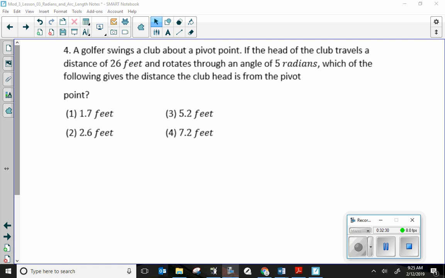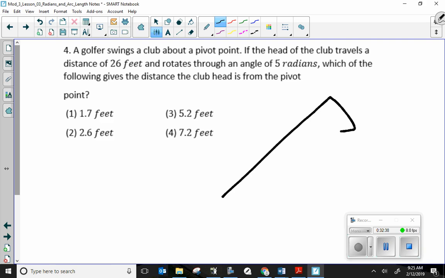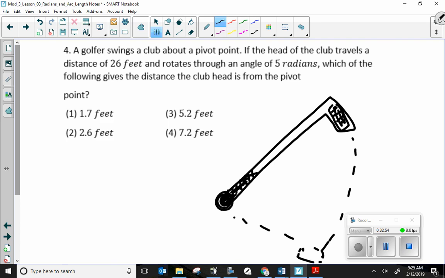Golf. A golfer swings a club about a pivot point. Okay, so here's a golf club. Here's the pivot point. It swings around this pivot point.